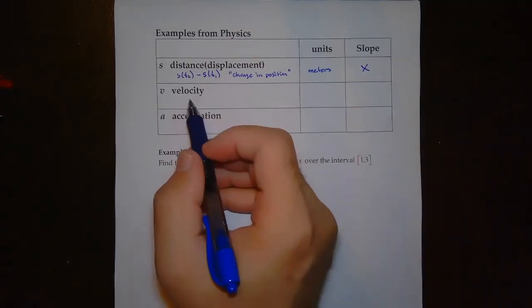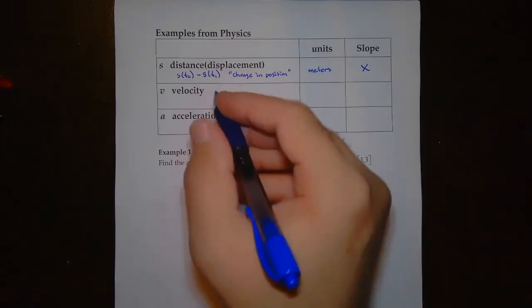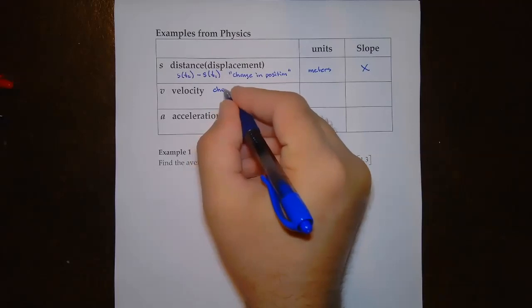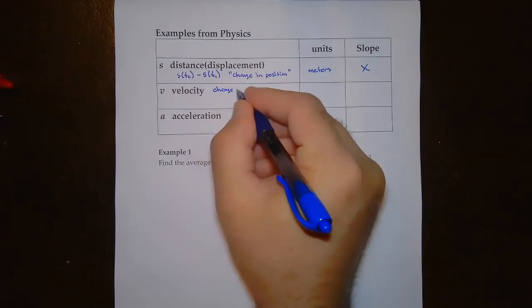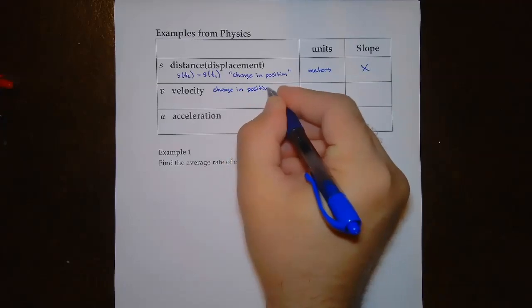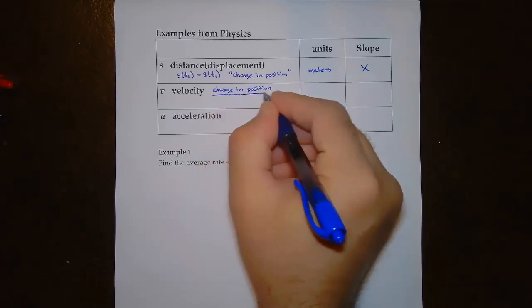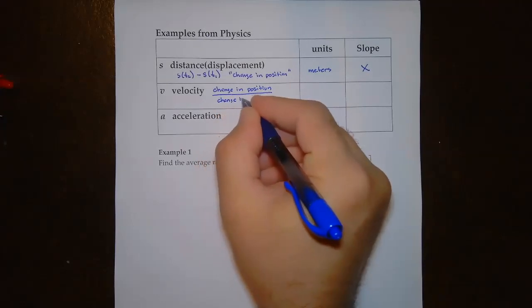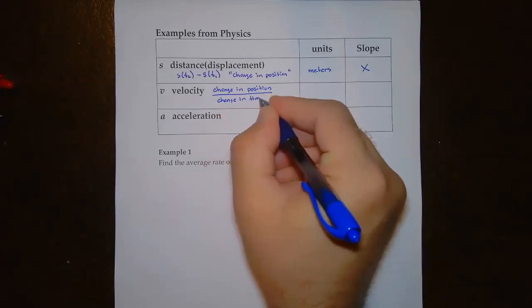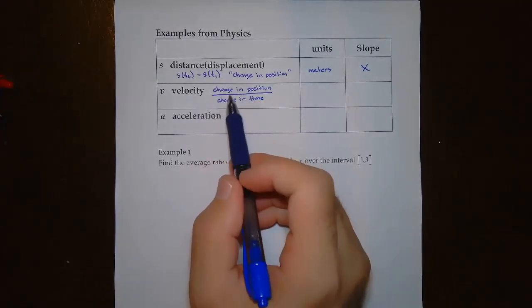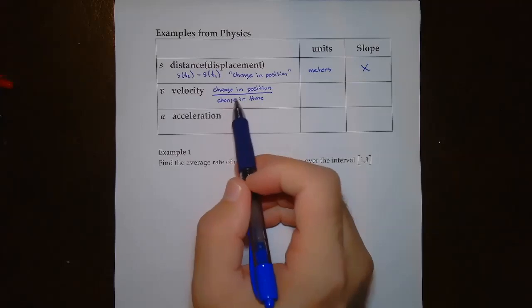Then we move on to velocity, okay? And velocity is the change in position over the change in time. And when we talk about velocity in this sense, it's the average velocity, okay?